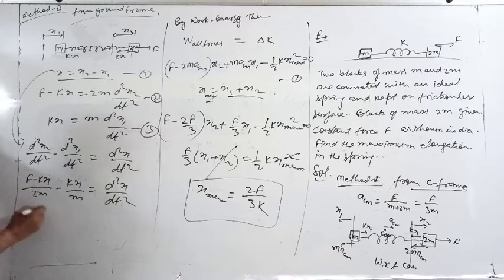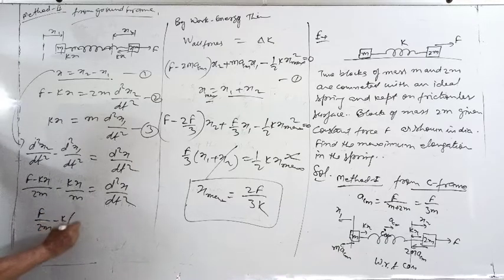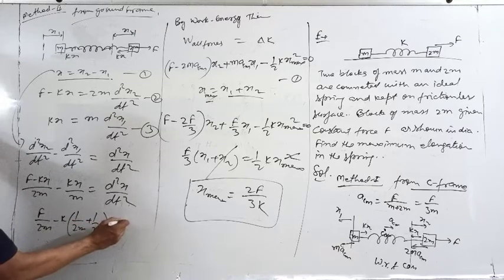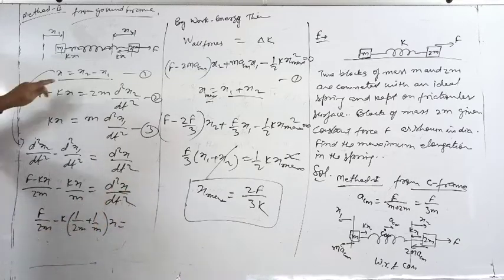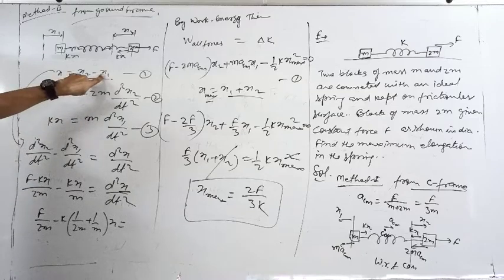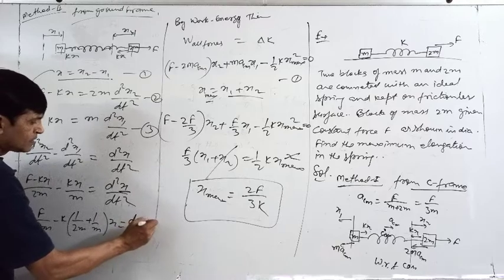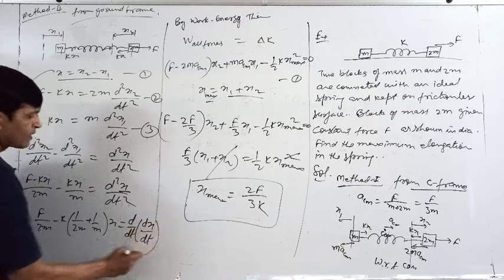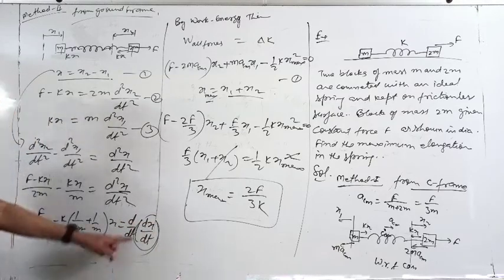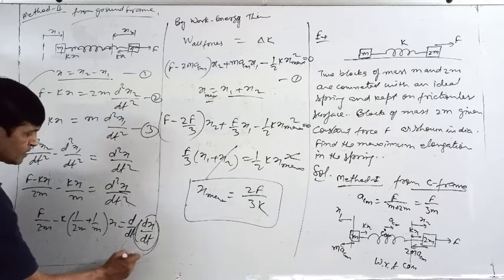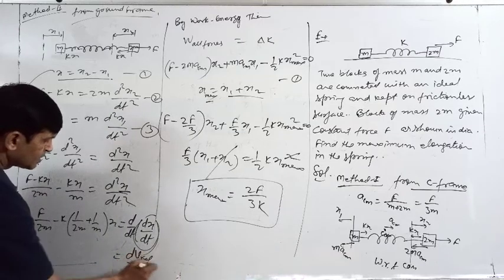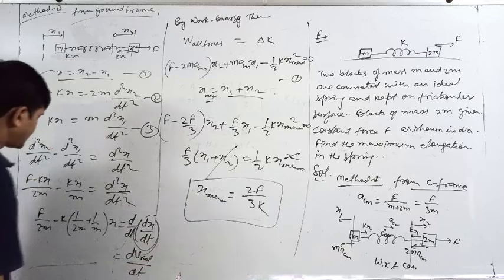See this order: f by 2m minus k into 1 by 2m plus 1 by m into x. X is in fact the relative displacement, so I can write d by dt of dx by dt, where dx by dt is the relative velocity, so dv relative by dt.